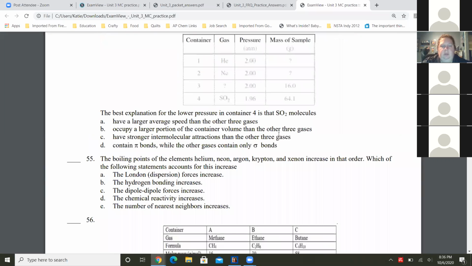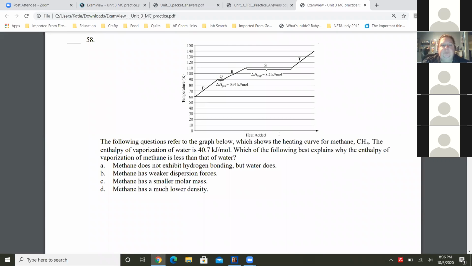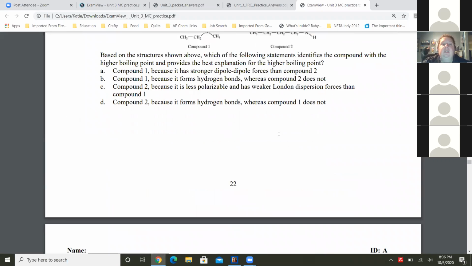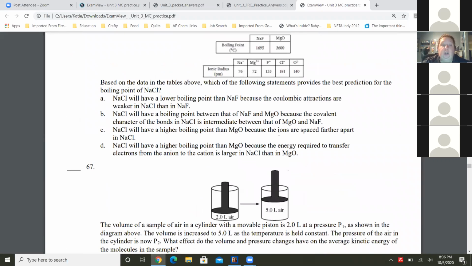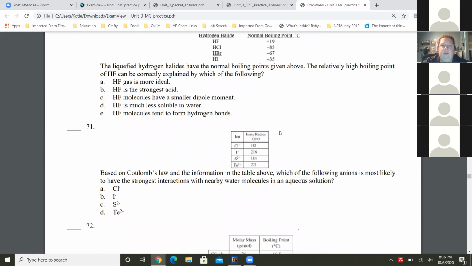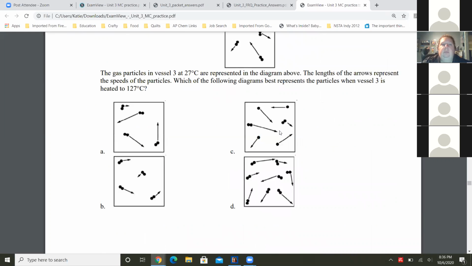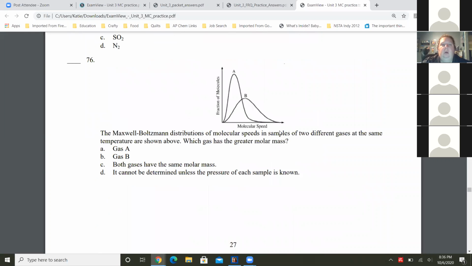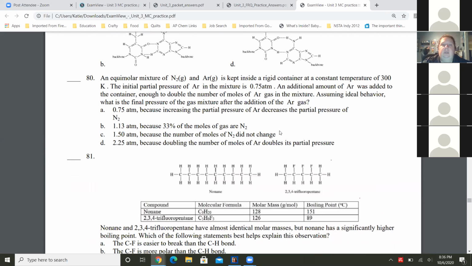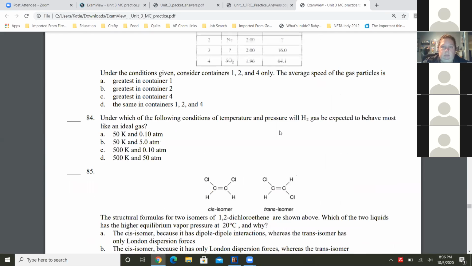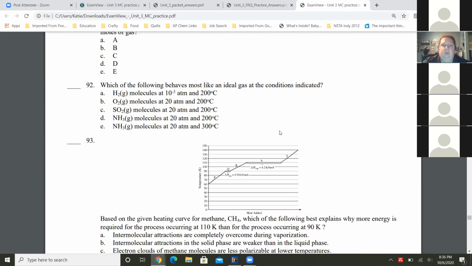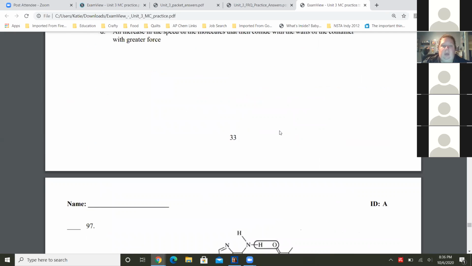I'm going to keep talking while I look for it. So an ion dipole force would be something like dissolving an ionic substance in water. Because water is polar, even though it does have hydrogen bonding, the more positive side of the water molecule is going to be attracted to the negative ion. And the more negative side of the water molecule is going to be attracted to the positive ion.